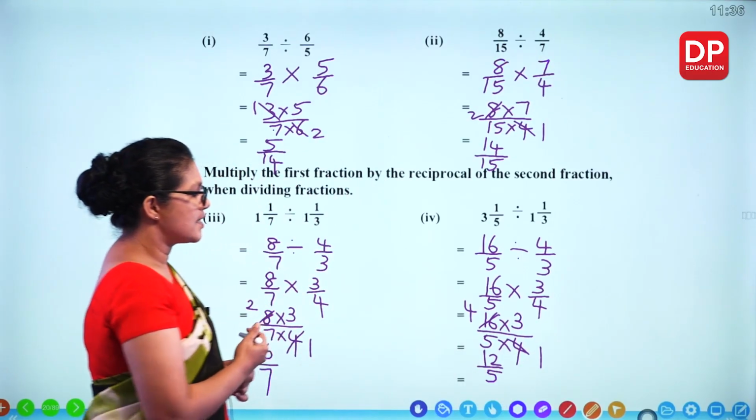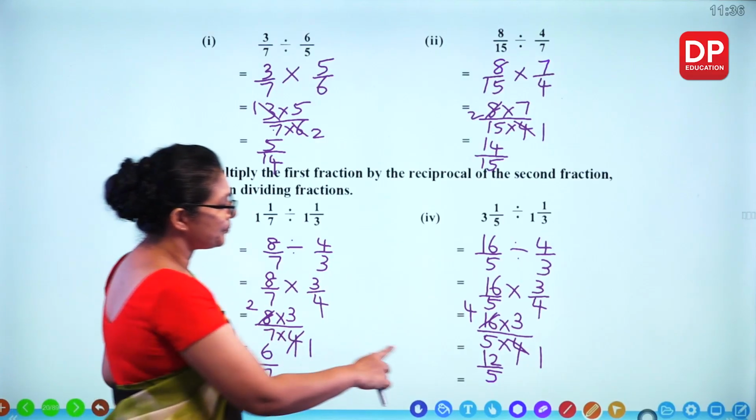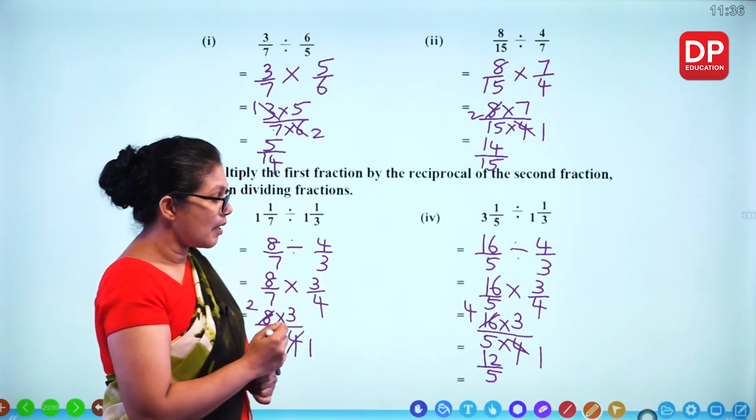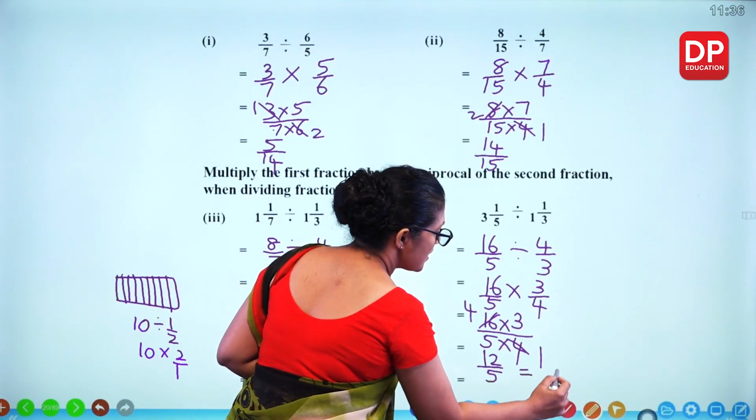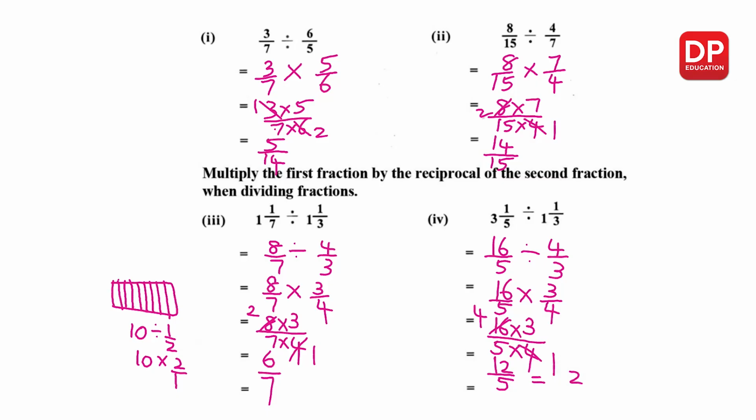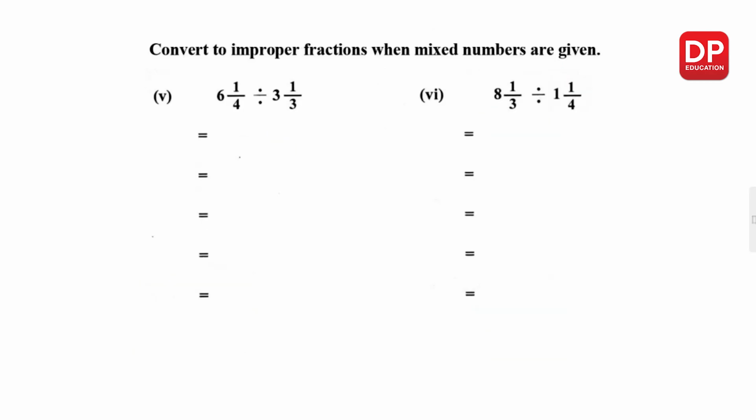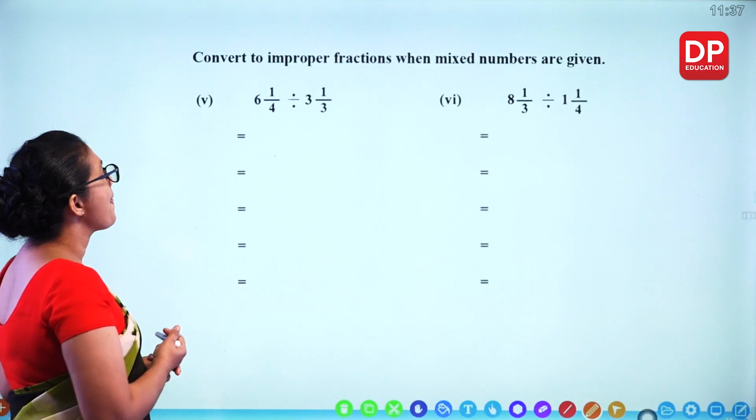When you convert it to a mixed number, what do you get? 5 times 2, 10, 2 remaining. So 2 and 2/5. Convert to improper fractions when mixed numbers are given.